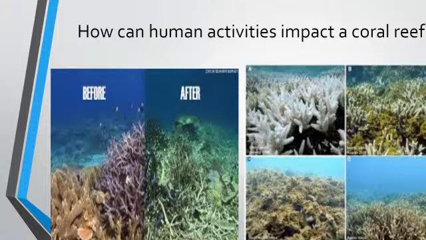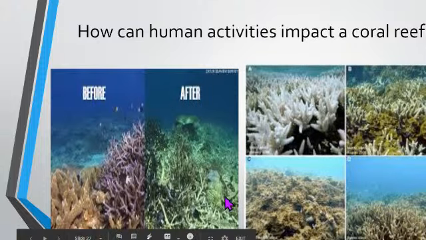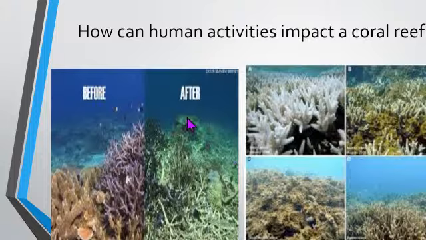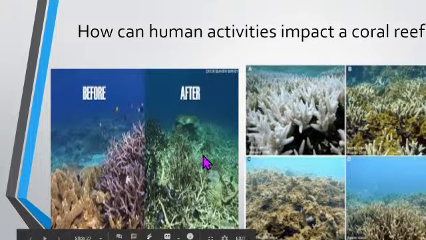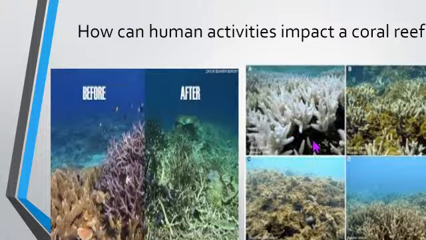All right, so this is how human activities can impact coral reef. This is before, where you're seeing nice colors over here. And then this is after, where you are now seeing basically just white and it looks like a dead area. You can see in this area here, everything is white. There was a question on the past paper as well that asked how do you know that corals are healthy?